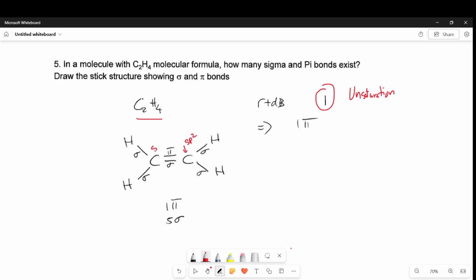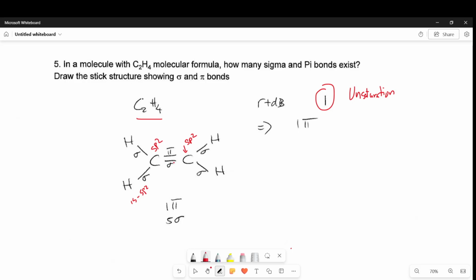This carbon is sp2 hybridized, and if you count the number of sigmas, this is a sigma bond, this is 1s with sp2 hybridized orbital interaction, 1 sigma bond, another 1s with sp2 interaction, that is the second sigma, third sigma, fourth sigma, and there is one sp2-sp2.